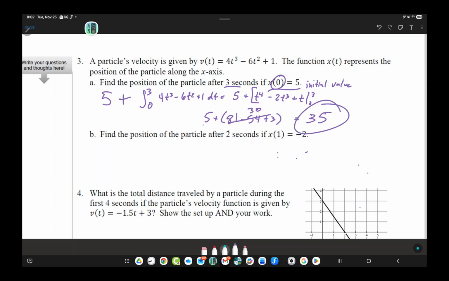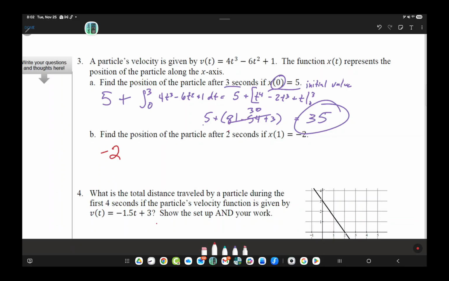Okay. Now, with that in mind, how would I set up the second one? Because it's pretty much the same question, just you're starting someplace else. Okay, so how do we set up the second one? Where do we start at, by the way? If I have my particle's position after 2 seconds, given that x of 1 is negative 2, well, that means I'm going to start at negative 2.